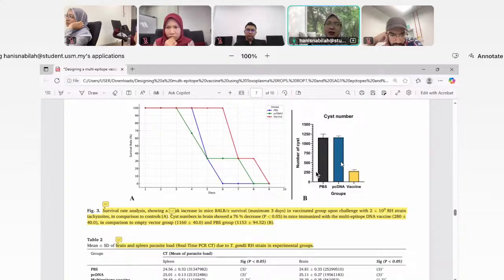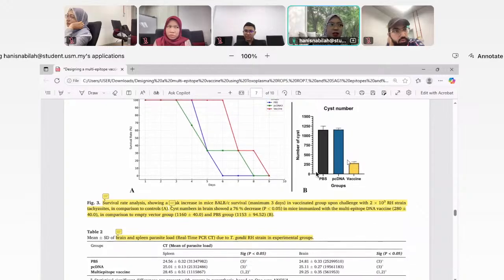They did microscopic observation for this assay. So in this result we can tell that the cysts are lesser in number.